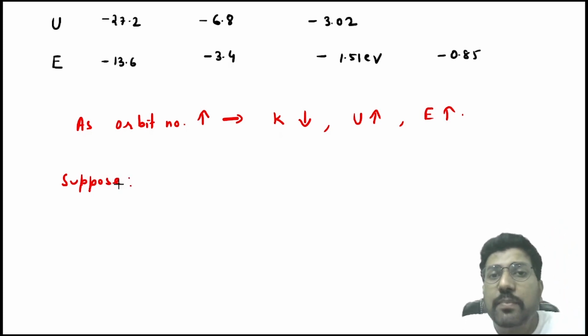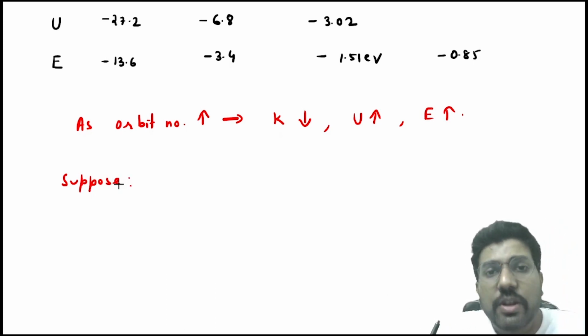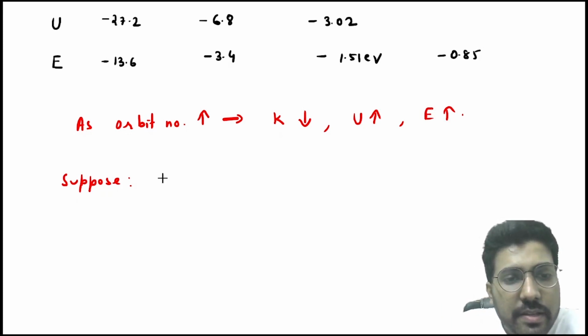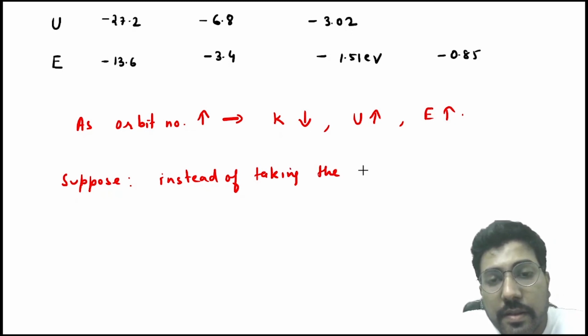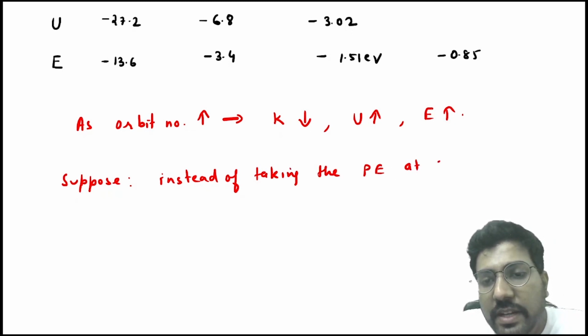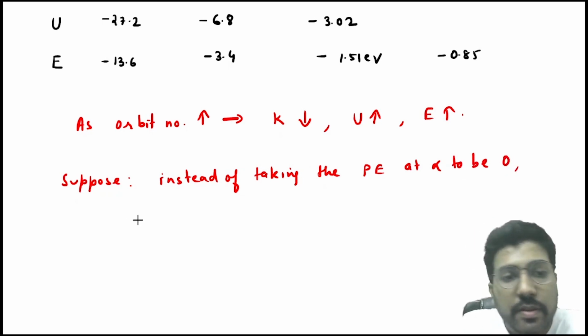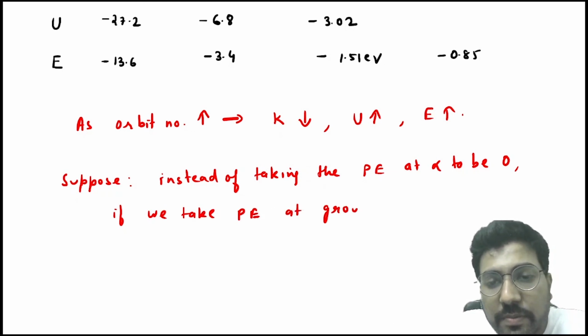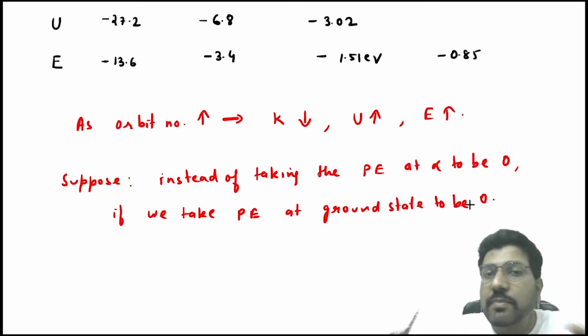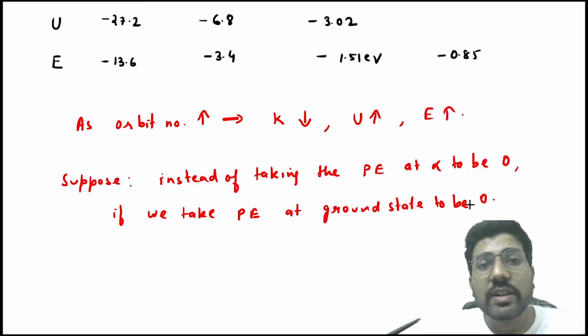Now suppose instead of taking the potential energy at infinity to be 0, in any system they have taken the potential energy of the ground state as 0. Instead of taking the potential energy at infinity to be 0, if we take potential energy at ground state to be 0, you can take any point as zero potential energy, okay, because it does not have absolute value.